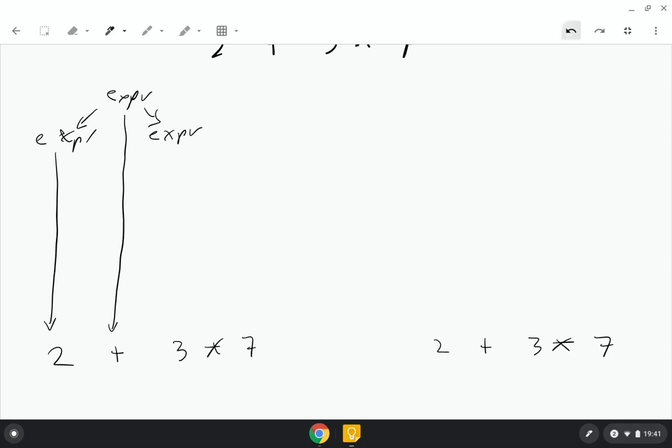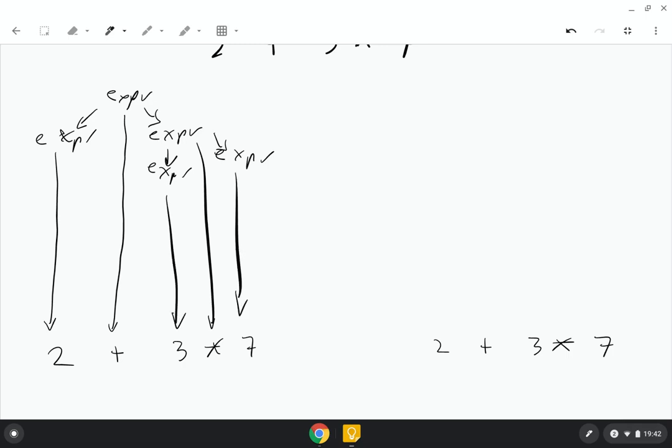It was replaced with expression, the multiplication symbol, and expression on the right-hand side. And then each of these expressions was replaced with a num. So questions on this? Any clarifying questions? Is everybody with me on these derivations and parse trees, how they relate to the grammar and the input? Questions about this? Everyone's good?